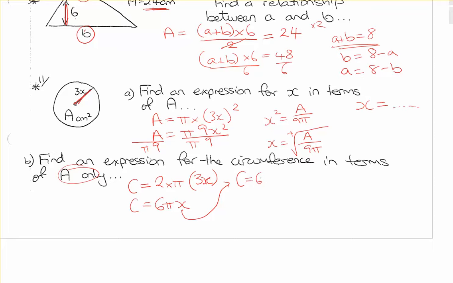So c is going to equal 6 pi times, now instead of x we could use that. There is some minor simplifying we could do from that, but we'll leave it like that. So now I've got an expression for the circumference based on the area. So if I know what the area is, I can put it into this formula and it will tell me the circumference straight away without having to work out the radius.